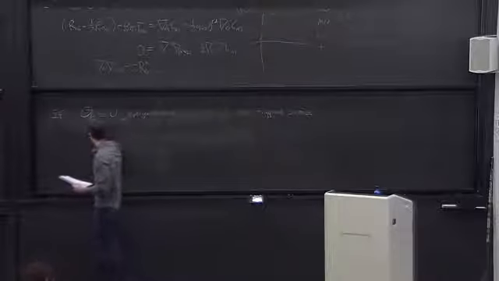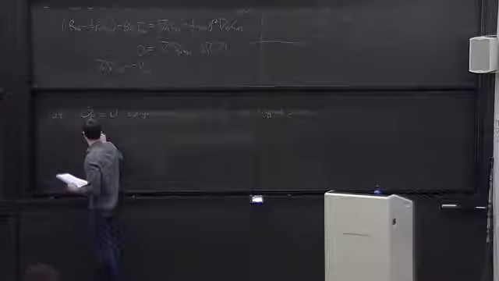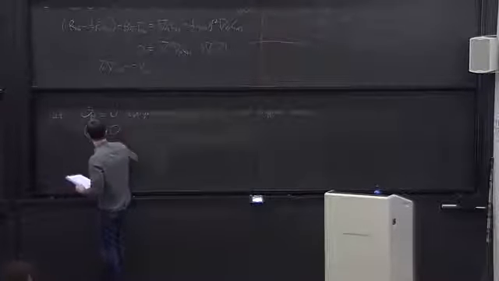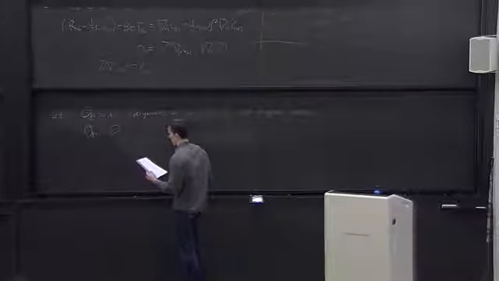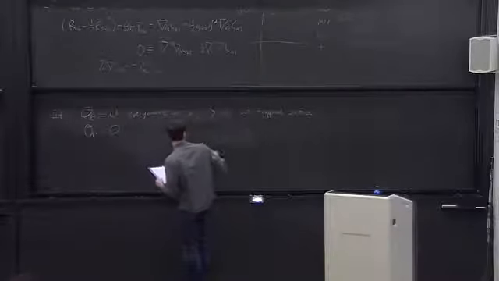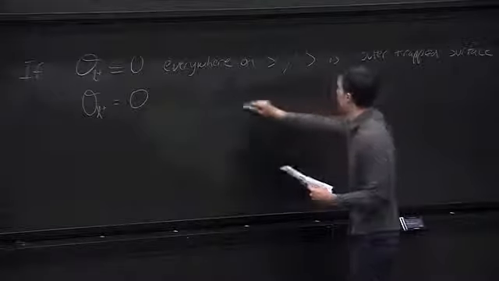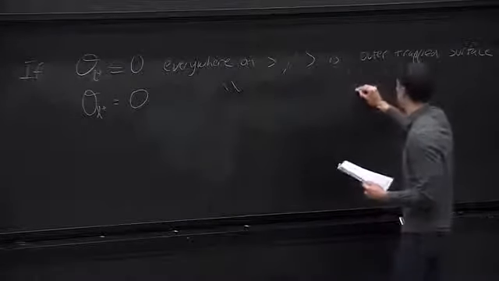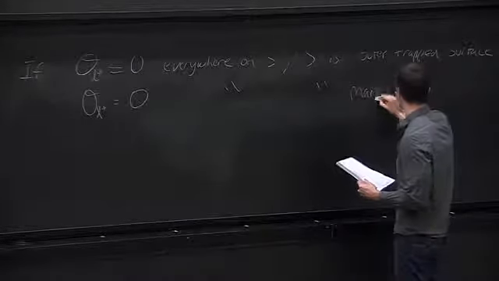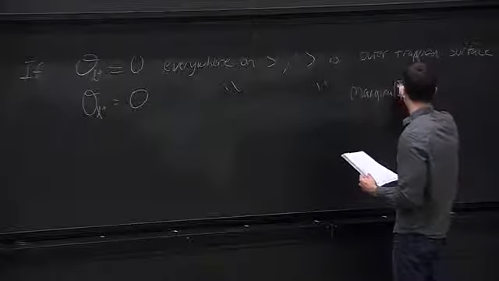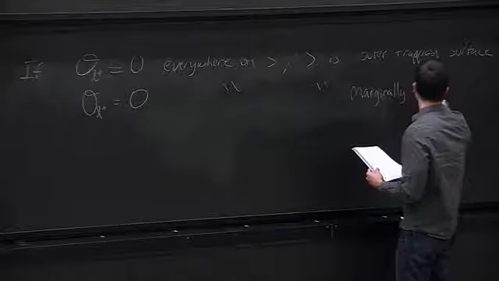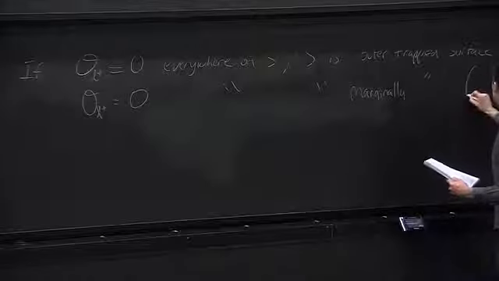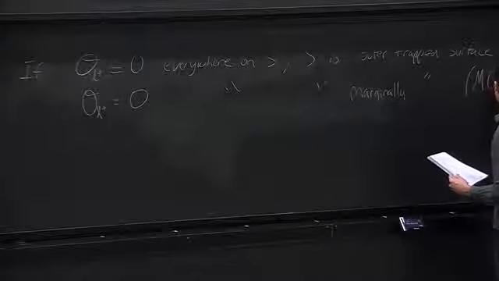And if we're in the marginal case where this is just equal to 0, then we will call this a marginally outer trapped surface, which we can just abbreviate as a MOTS.